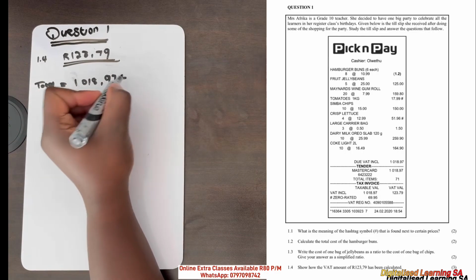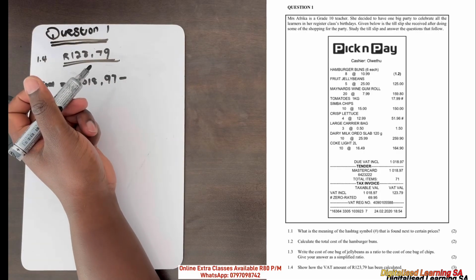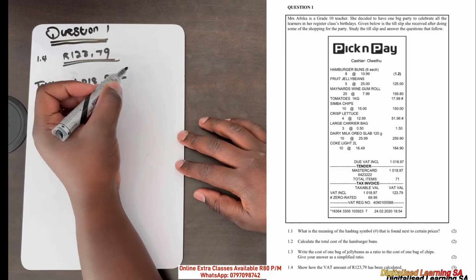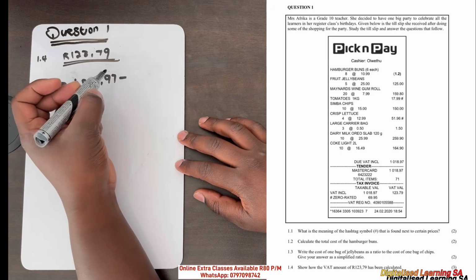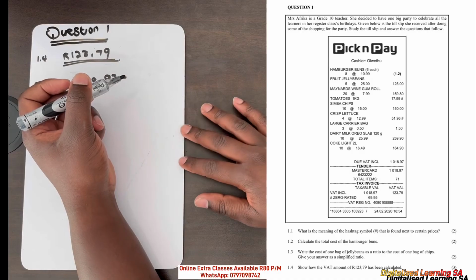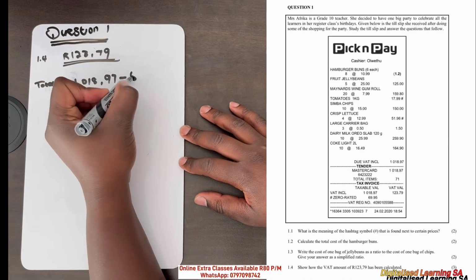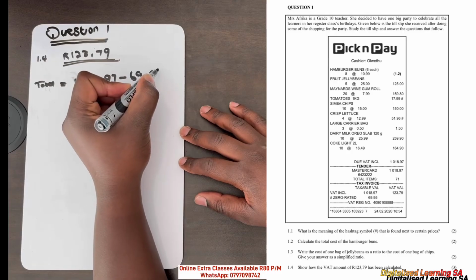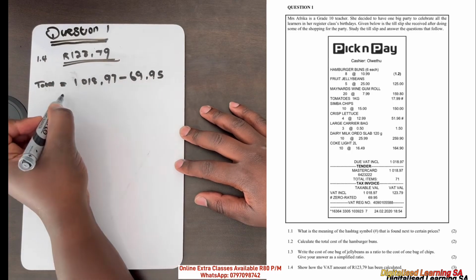So now we need to calculate the amount of VAT. Remember that our first question was asking what is the meaning of the hashtag symbol, and we said that those are the items that are excluded from VAT. So now we need to exclude those items because we exclude them when calculating VAT. And the total was 69.95.